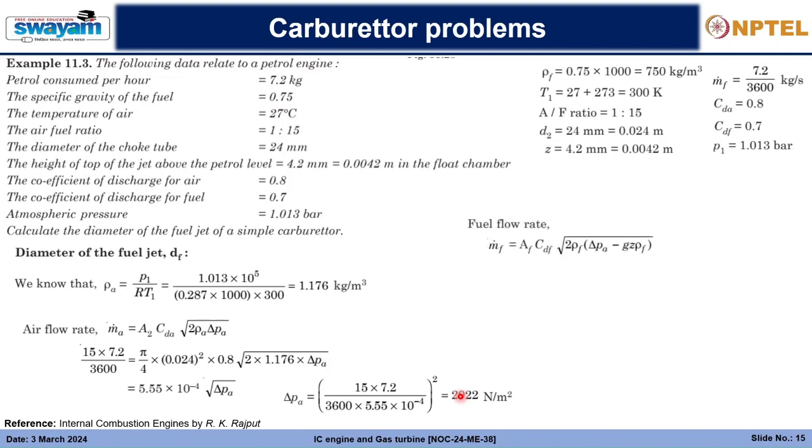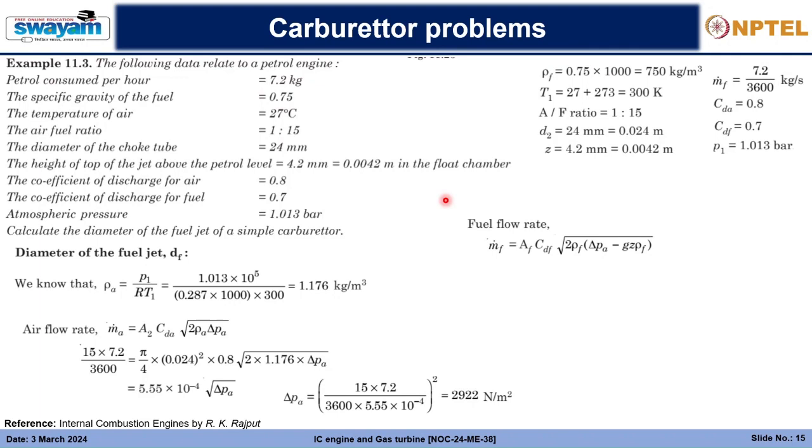Now the fuel flow rate. The fuel flow rate is given as mf equals the product of the area of the fuel jet, the coefficient of discharge for the fuel, and the square root of the product of 2, the density of fuel, and the difference between the depression at the venturi and the jet, rho f g z, which is due to the height difference between the float fuel level and the nozzle at the venturi.